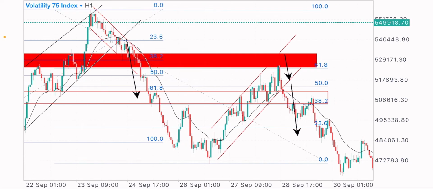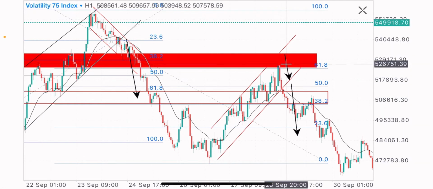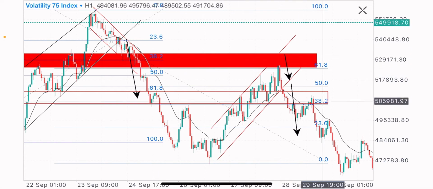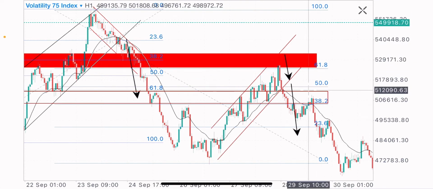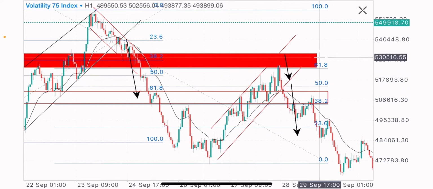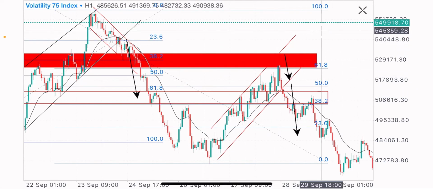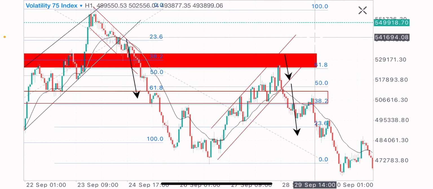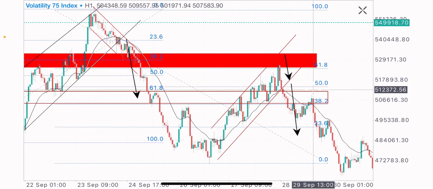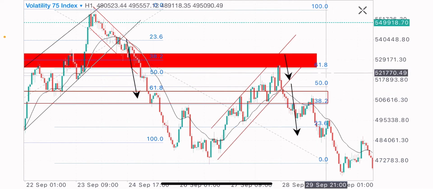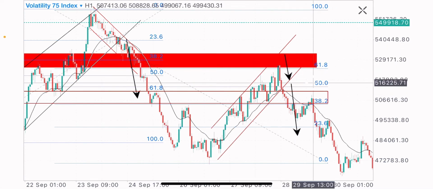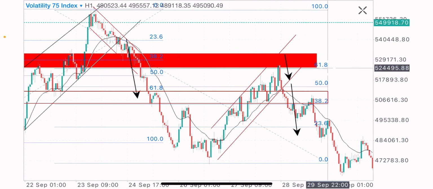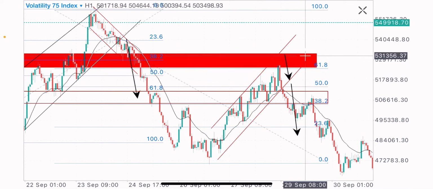Before you do anything, I want you to know there are many zones, many levels in the Fibonacci: 23.6, 38, 50, 61, and there's an extra one supposed to be here, which is 70 something, but I removed it because for me it's useless. My two main targets are the 50 and 61.8, which I've known work very well.